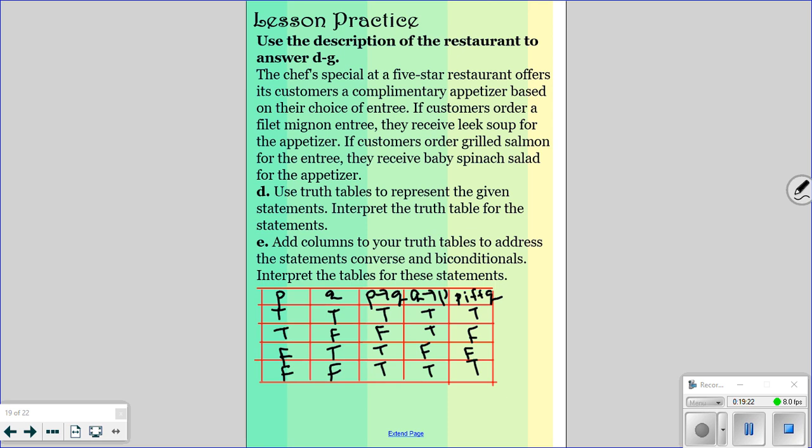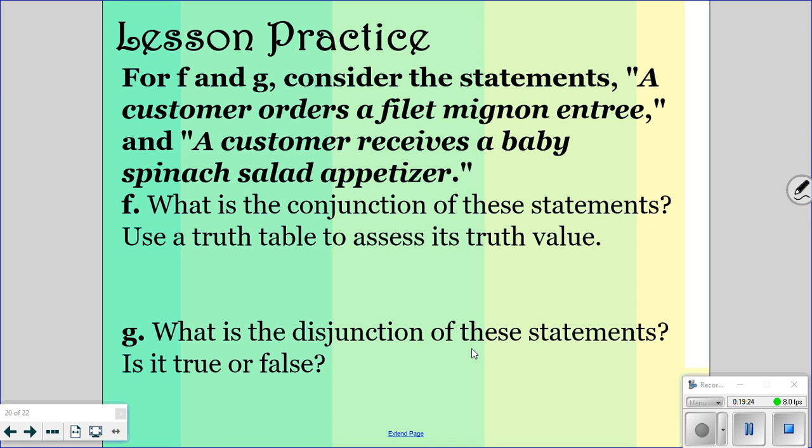Now we're going to look at this next one, and it wants us to only consider F and G, only consider a customer orders filet and they receive a baby spinach appetizer. So what is the conjunction?